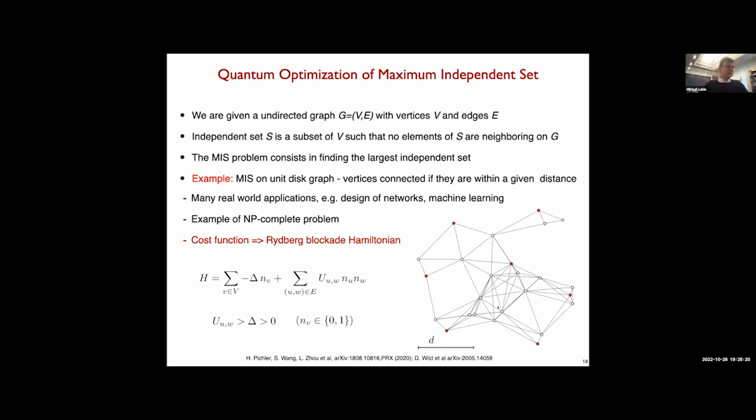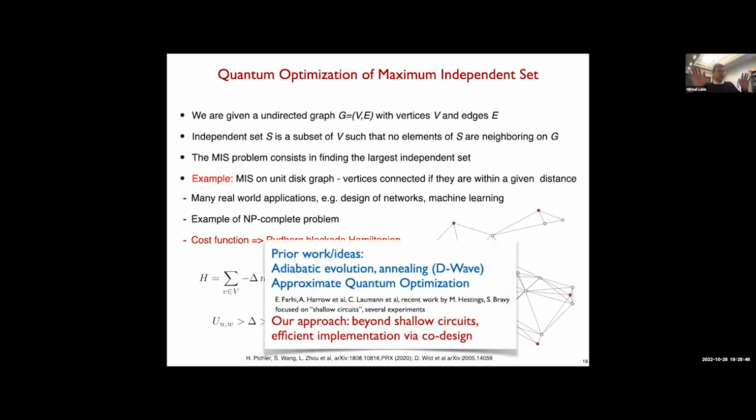And so this realization, which is due to Hannes Pichler and co-authors a few years ago, basically enabled us to test the quantum optimization algorithms using the Rydberg platform, I would say, in a somewhat unprecedented regime.